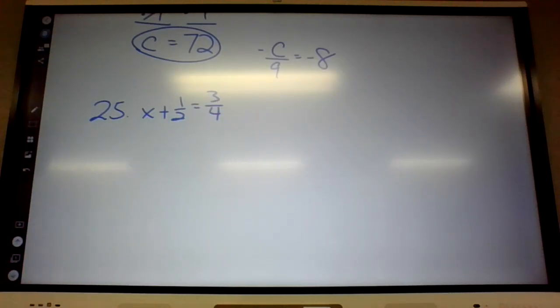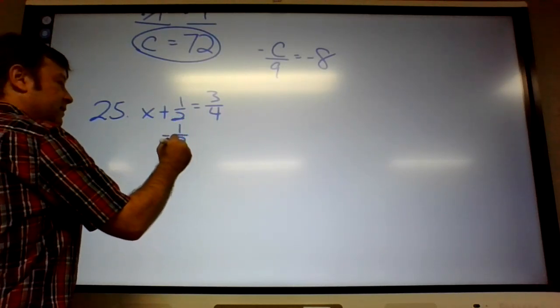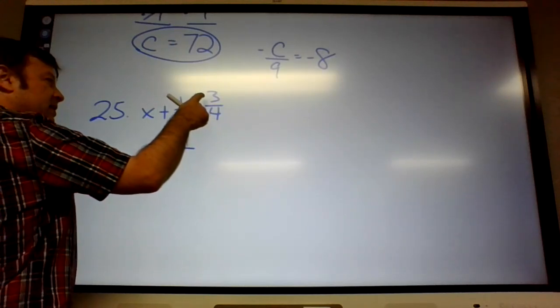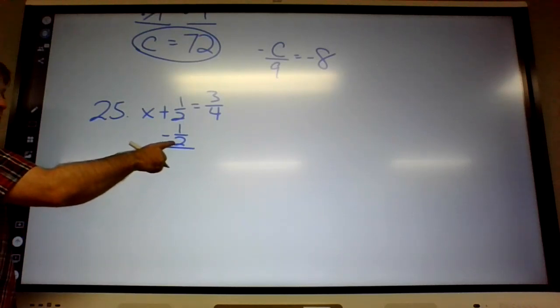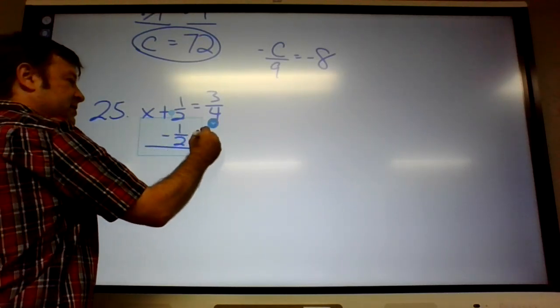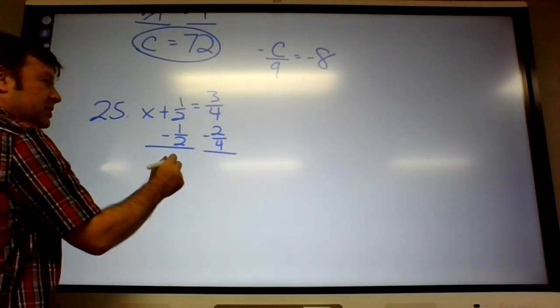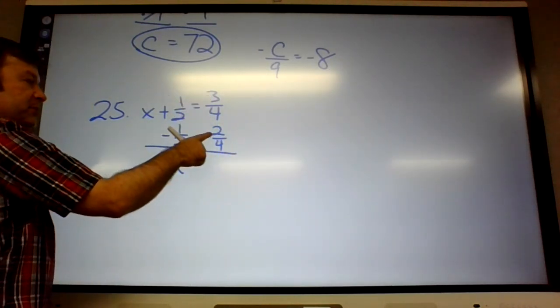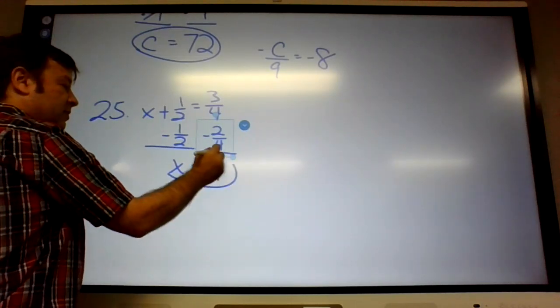Hallie, what's our step on this one? Subtract 1/2. Okay, now to subtract fractions, we need a what? Common denominator. So if I multiply this by 2, it'll be 4 2/4. 1/2 is the same thing as 2/4, so it's kind of like we're subtracting 2/4 on both sides. So 3/4 minus 2/4 is 1/4.